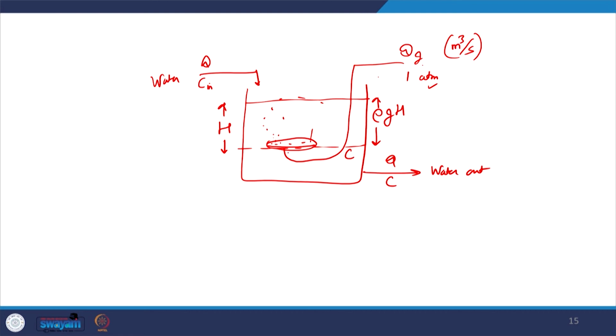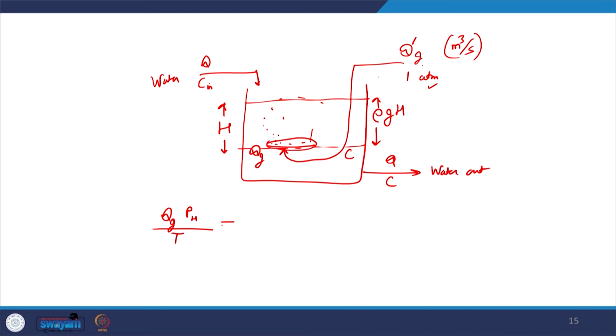So, if this is Q_g dash, the value we are assuming here, we can write the equation like this: Q_g into P at depth h, and then T, the temperature.